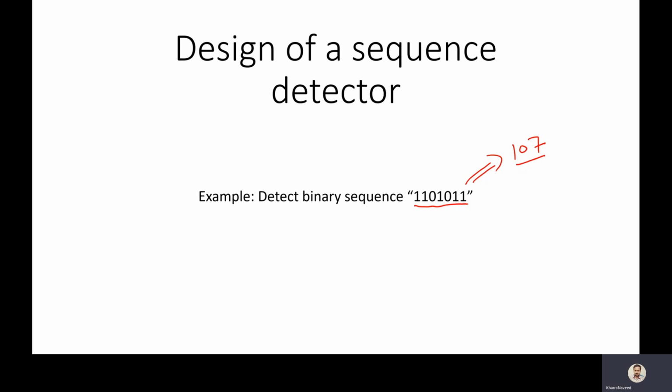Since in this example we are designing a sequential circuit for roll numbers of students, I'm going to design the circuit that will detect this binary sequence that corresponds to this roll number 107. So let's begin with the design.